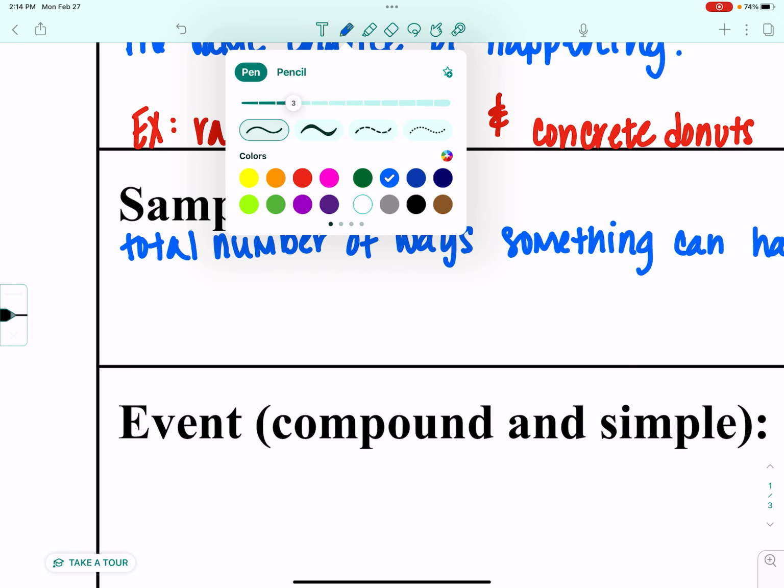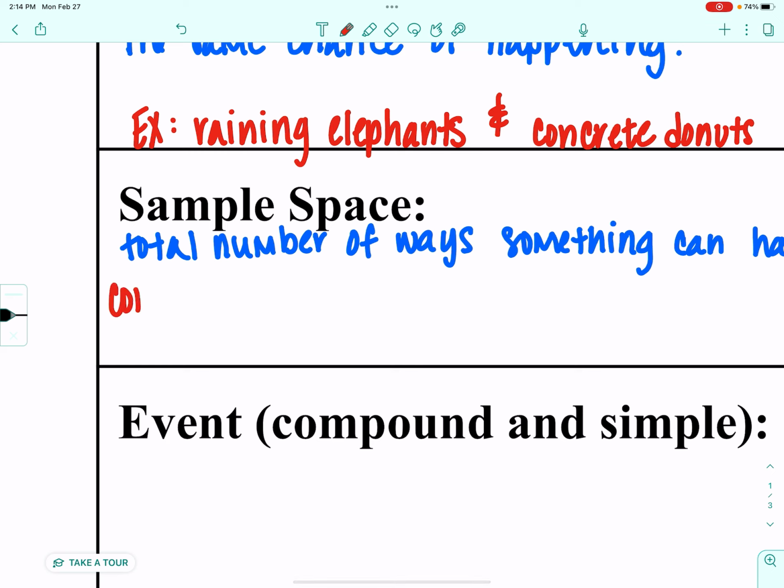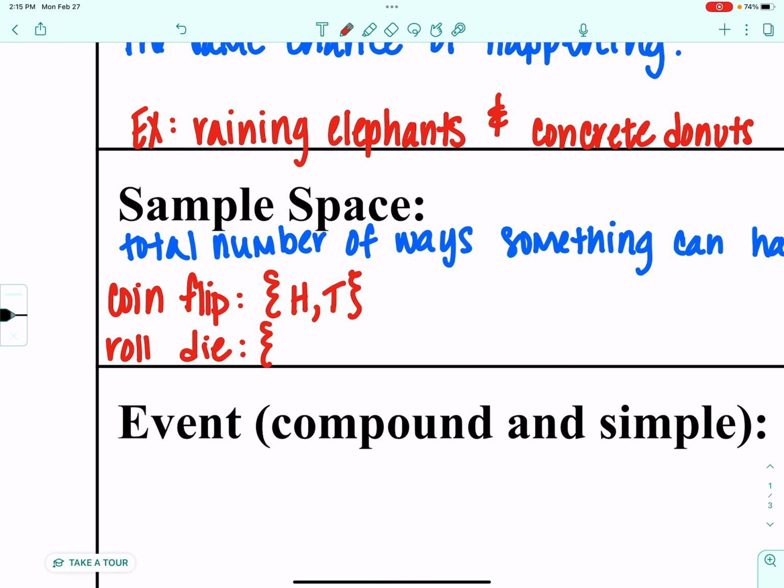If we are flipping a coin, the total number of things that could happen would be that I could flip heads or I could flip tails. I have two elements in my sample space. If I want to roll a die, my possibilities are 1, 2, 3, 4, 5, 6. So that would be the sample space for rolling a die.